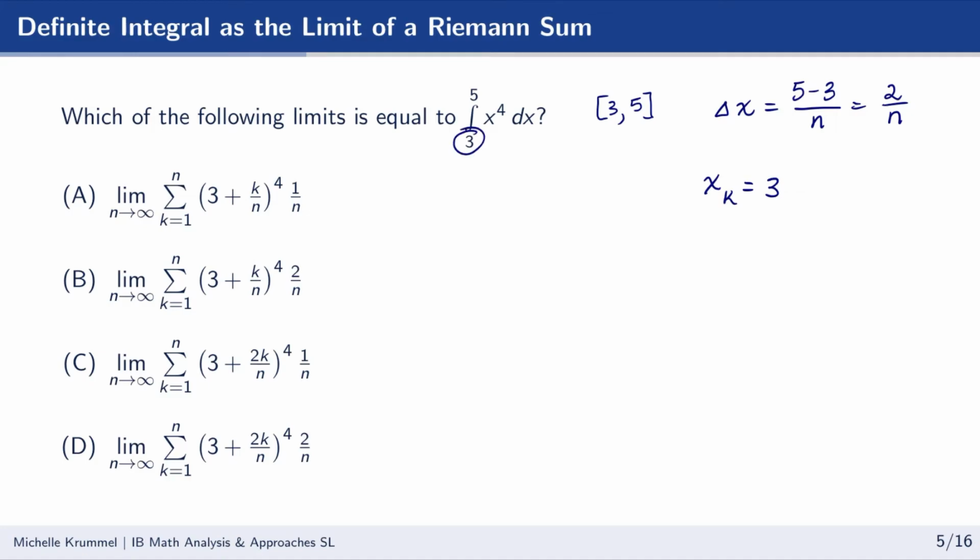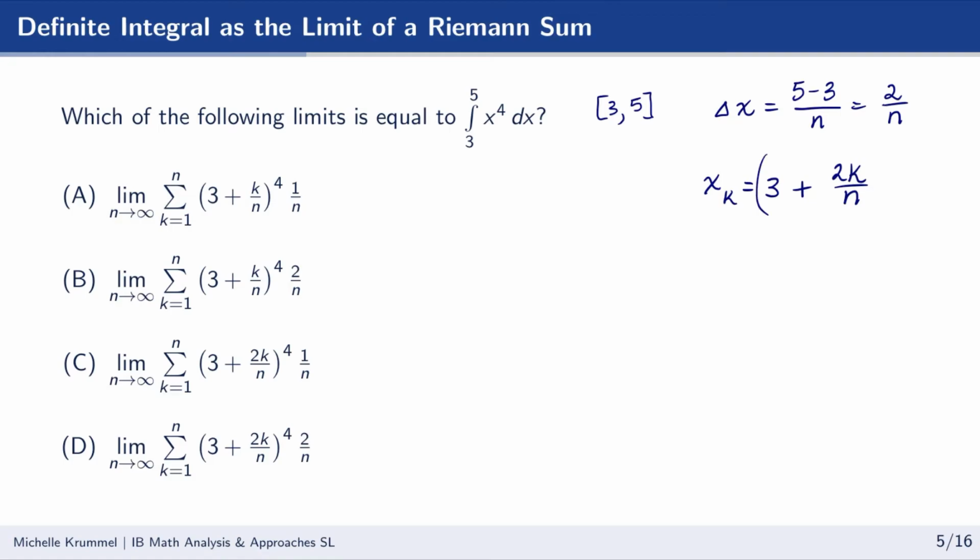The interval starts at x equals 3. So that's the a value, a plus, and then k times delta x. So you can write k times 2 over n like this, but normally we see that the 2 and the k are multiplied together when we see this in a multiple choice type question. The k and the 2 are usually multiplied together. So we'll write 2k over n.